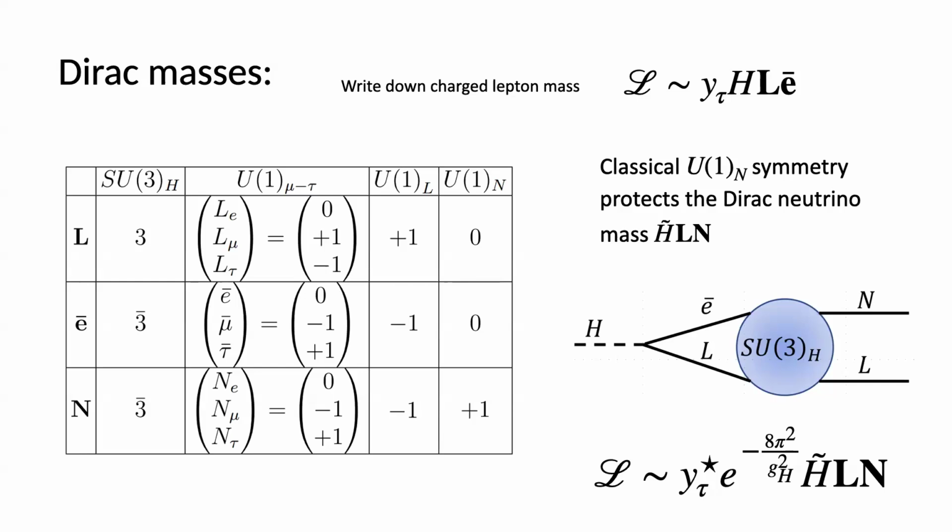So to me, it was quite amazing to find, and indeed, I should be careful with my words here, people certainly had written down nice theories of Dirac neutrino masses before, but often you need to add some complexity to your theory, to have some non-minimal ingredients.